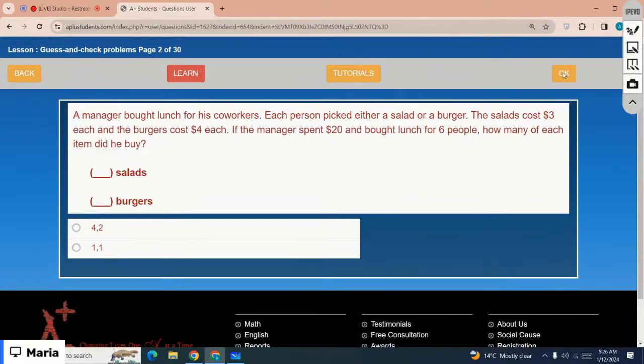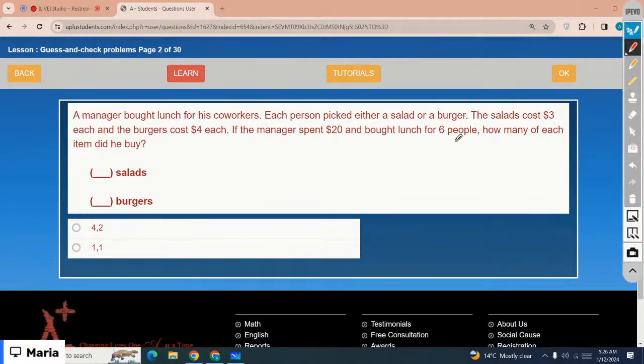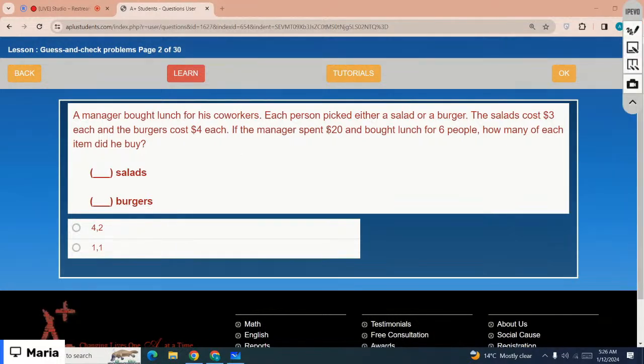The correct option is 4 and 2, because he bought lunch for 6 people, right? So 4 salads and 2 burgers he bought. If you do the calculations, they make 20, right?